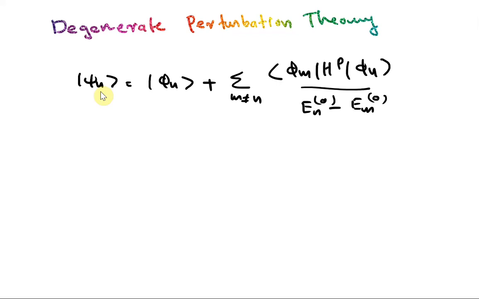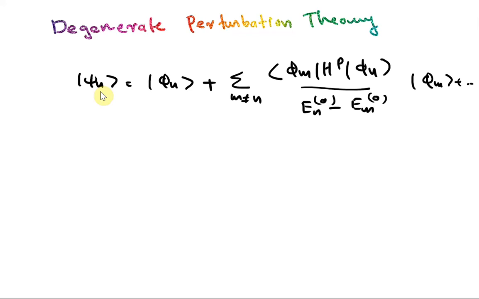So this is the expansion, and it will keep on going like that. The moment any two energy states become equal, this denominator is going to be 0.